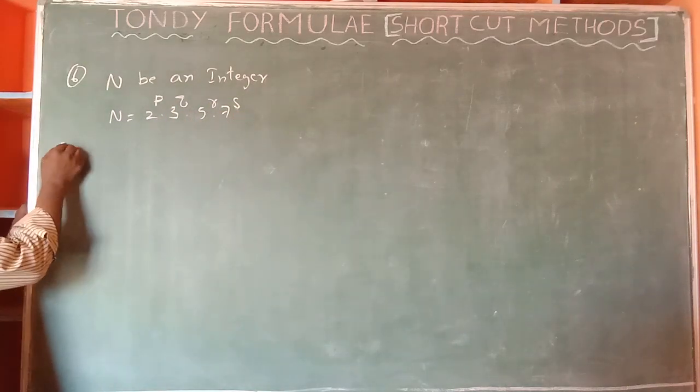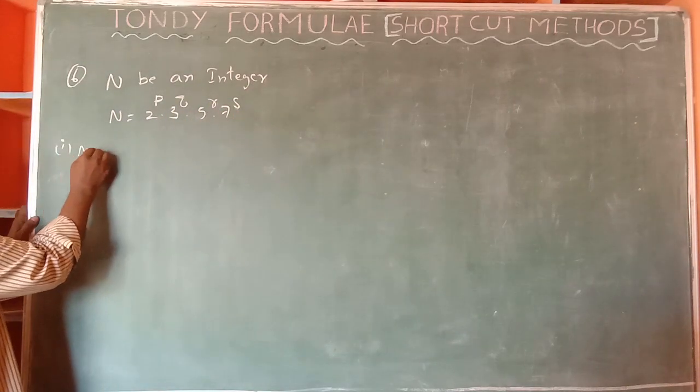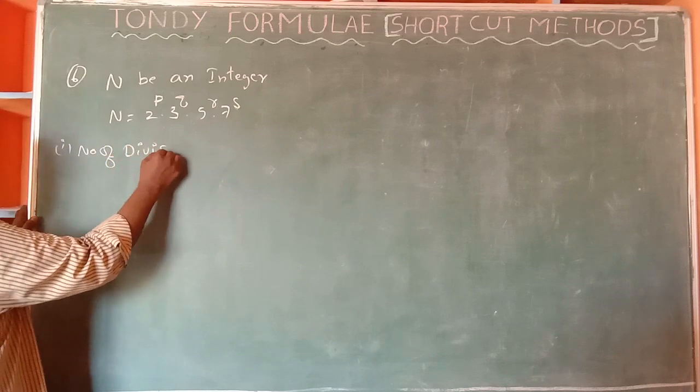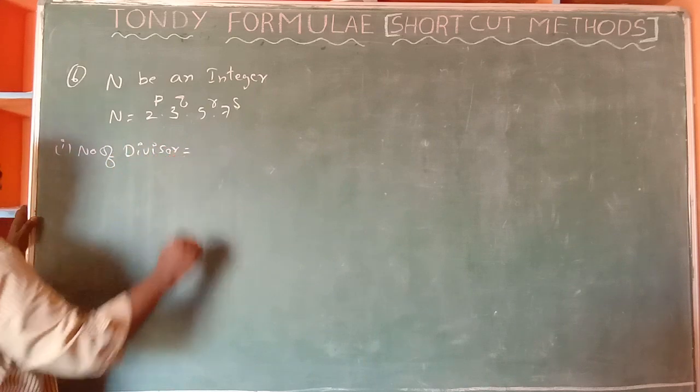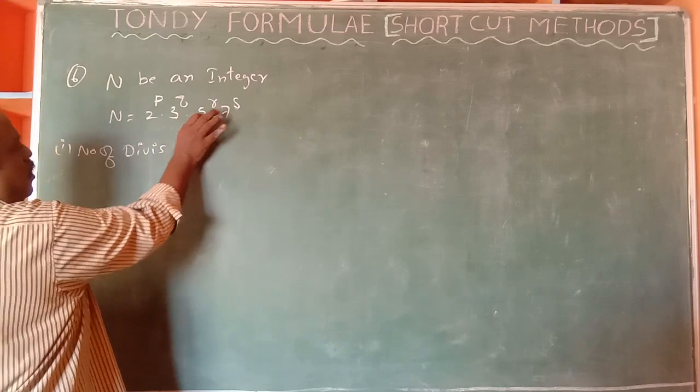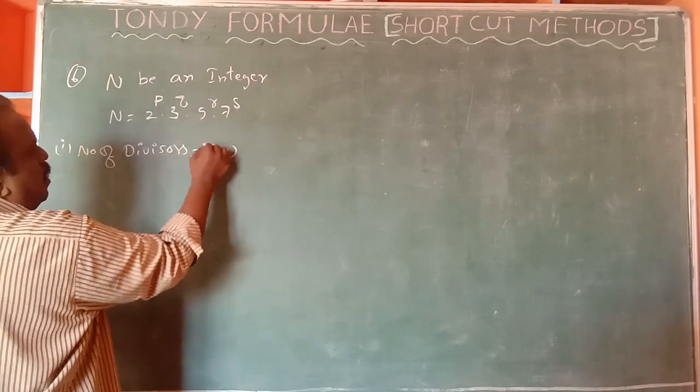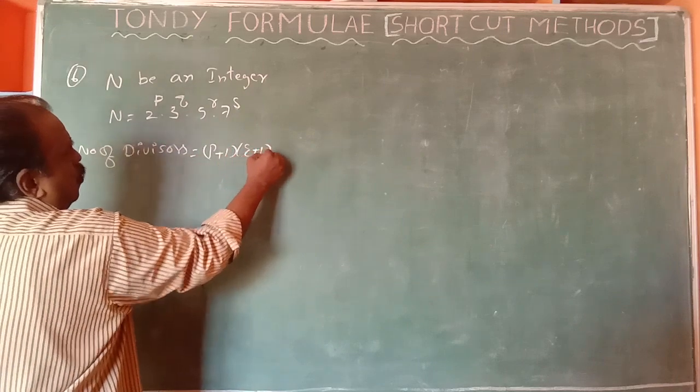Then the number of divisors, already solved, is equal to (p plus 1)(q plus 1)(r plus 1)(s plus 1).